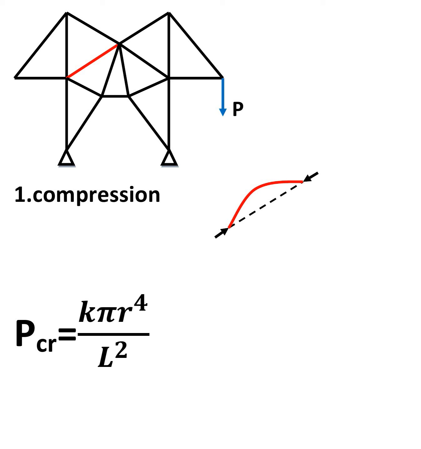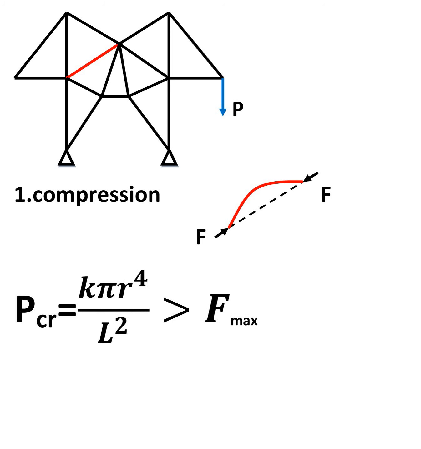So the red member also should stand under the loads which it experiences because of the weight of the structure, the crane, also because of the value of load P. So the maximum of the force on it should always be smaller than the critical load. So it would not buckle.